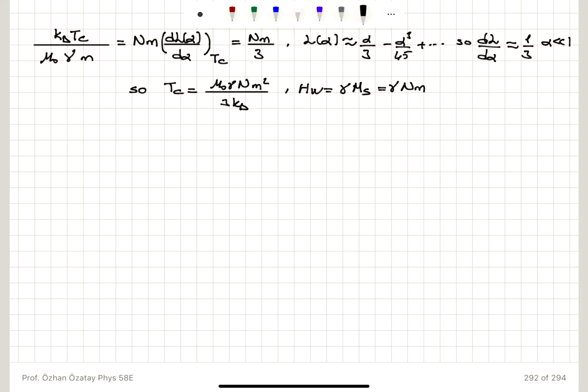So this will be equal to 3 kB Tc divided by mu0 m. Okay, so then we can calculate the Weiss molecular field.